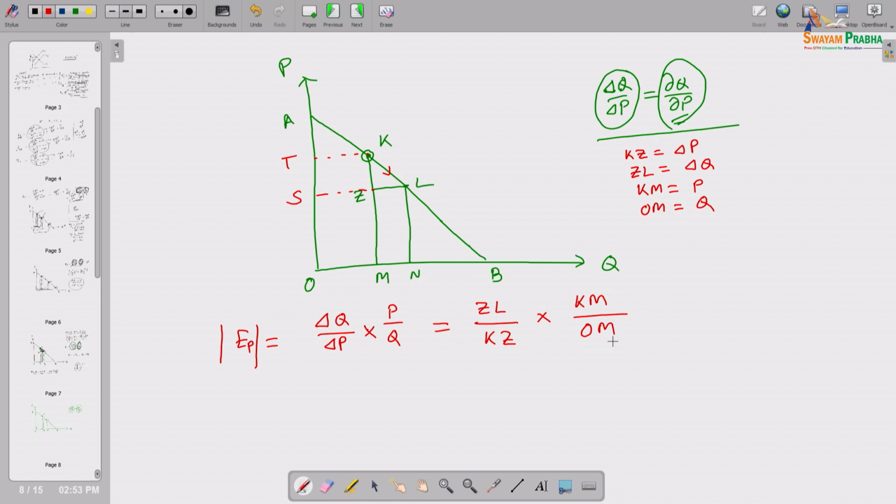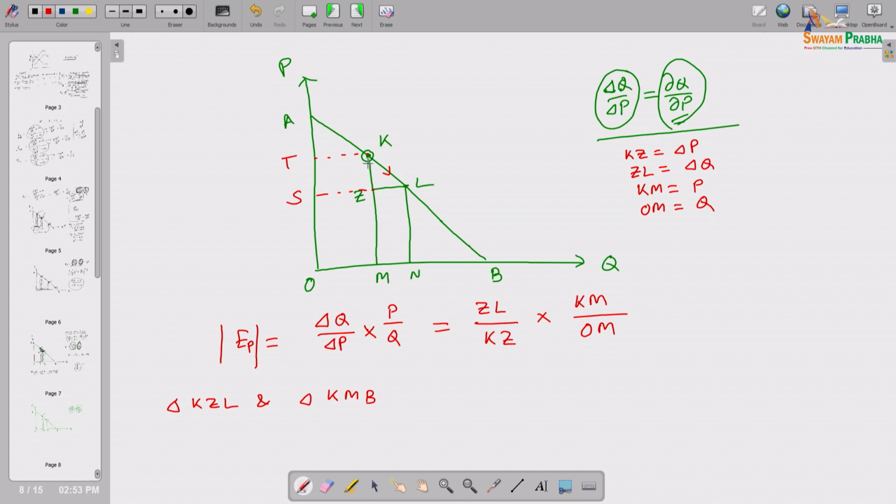Now, look here, by virtue of the fact that triangle KZL and triangle KMB, these two triangles.